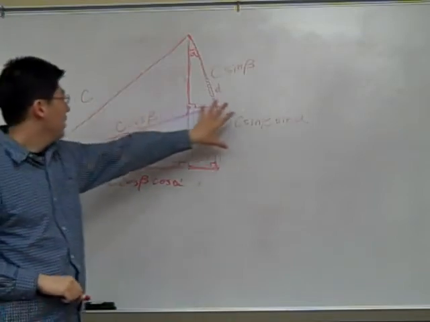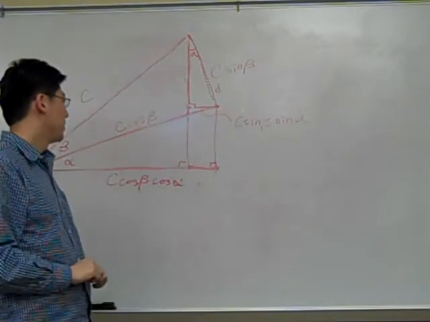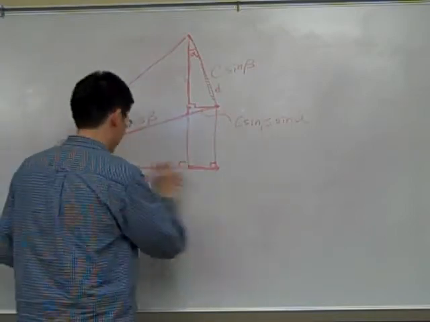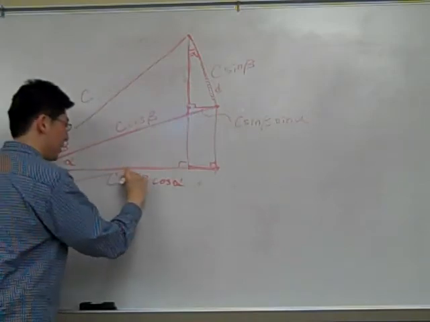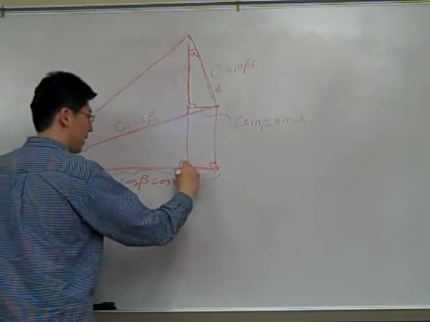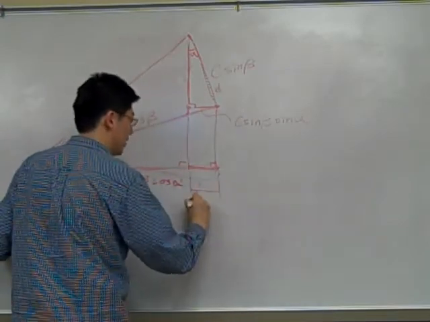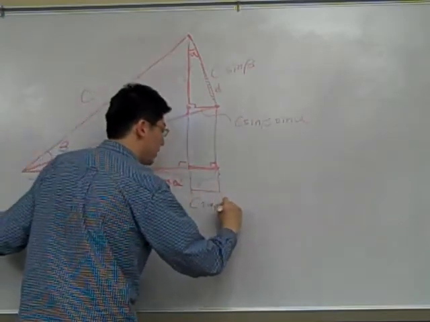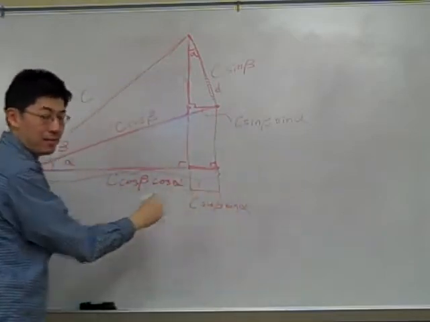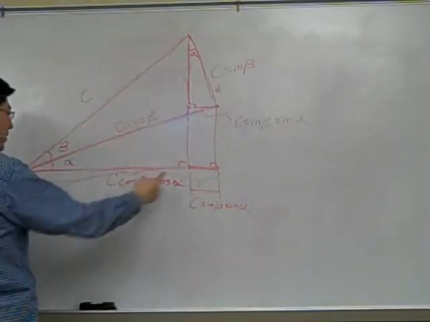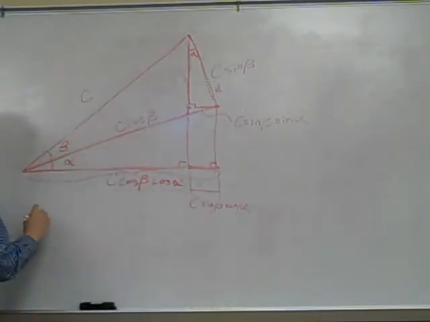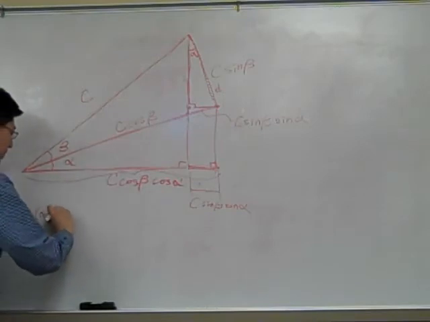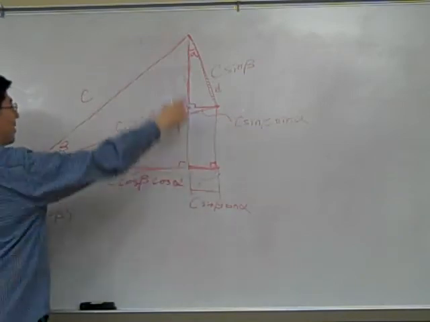So c cosine beta cosine alpha gives me this entire length here. And c sine beta sine alpha is going to give me this length here. So to find the length here, we just take this total length and subtract out this smaller length. So cosine of alpha plus beta is going to be this side length divided by c.